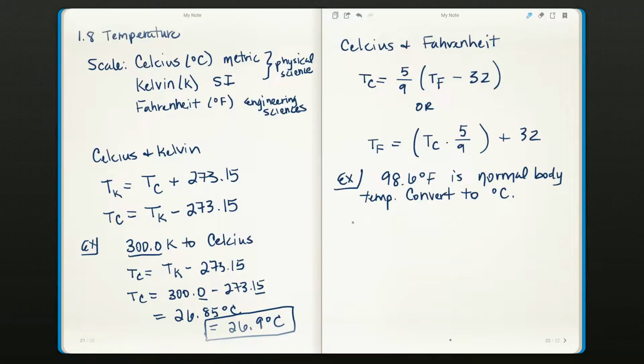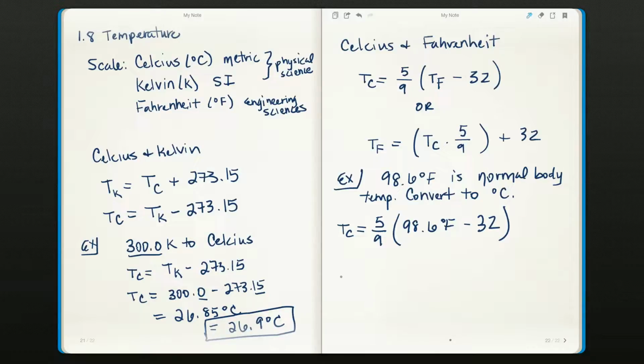Okay, so we can use our formula. Temperature in Celsius equals 5/9 times the temperature in Fahrenheit, I'm sorry, which is 98.6 degrees Fahrenheit minus 32.